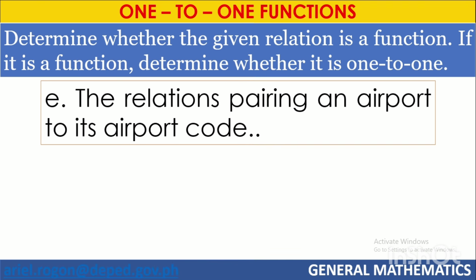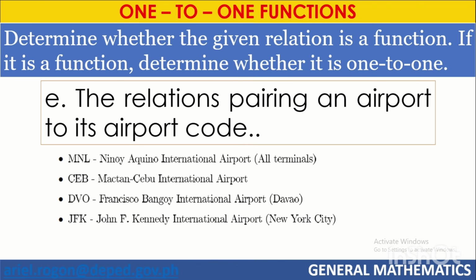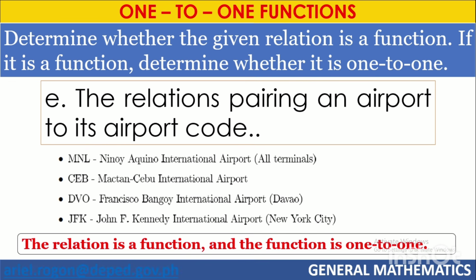It is a unique, no? Unique yan sa bawat airport. So, for example, CEB for Mactan, Cebu International Airport. DVO, Francisco Bango International Airport sa Davao. So, may kanya-kanya silang code. So, therefore, this is a one-to-one function. And this is also a function.